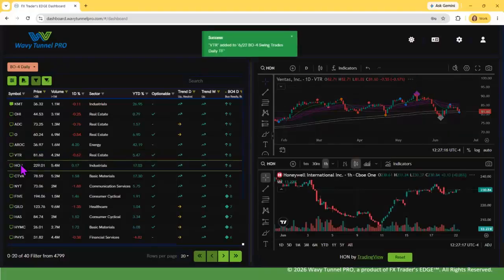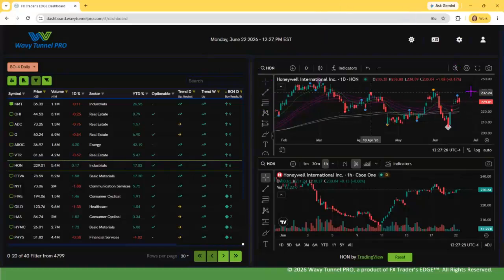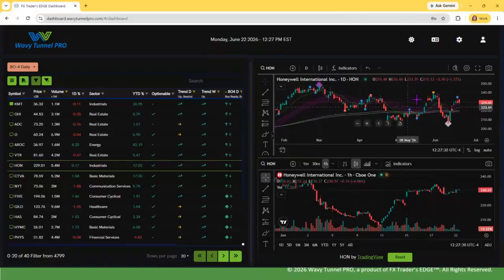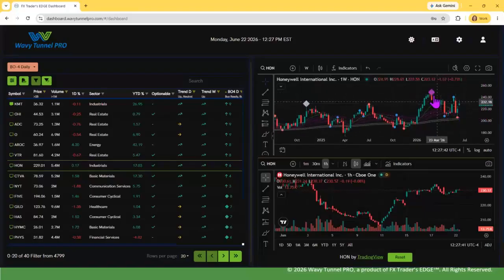The next one is Honeywell. So price is up almost $2 here. And let's just have a look. I want to look at the weekly on this one. So I'm just going to put the weekly up here just to see how that's trading. Yeah, so the wave is above the tunnel and it's just moving along.